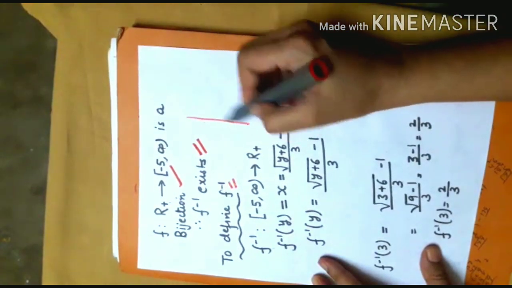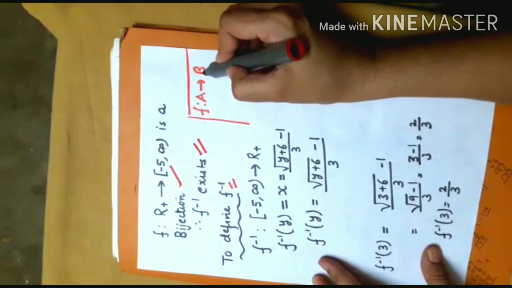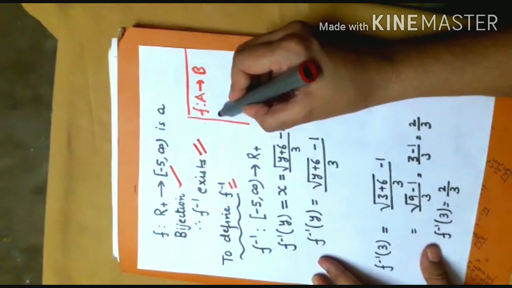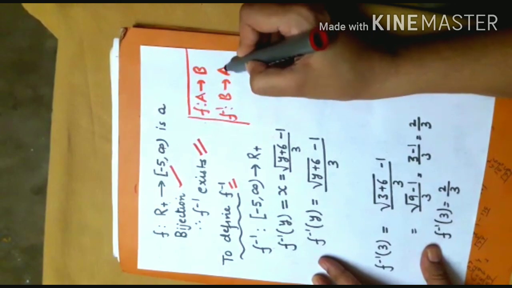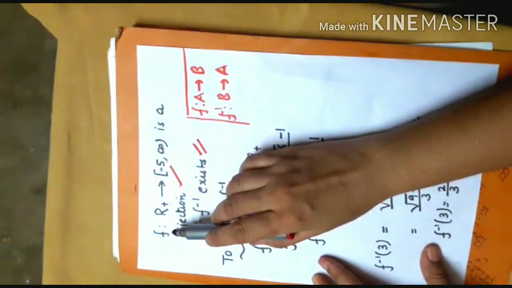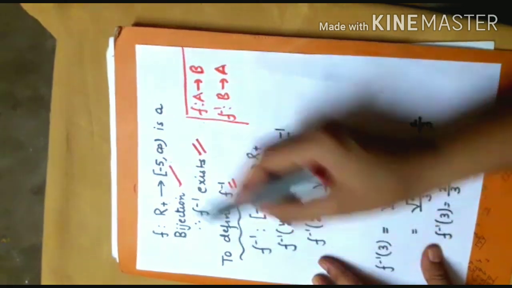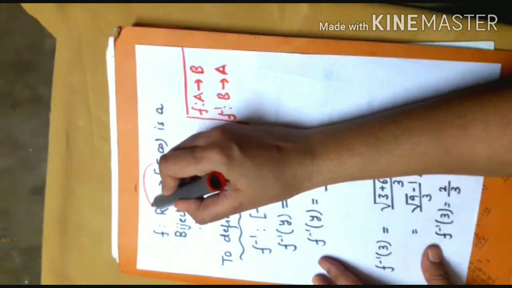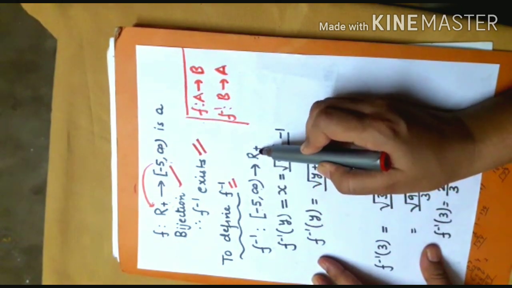Recall that when f is a function from A to B and f is invertible, then f inverse will be a function from B to A. So f is a function from this set to this. So f inverse will be from this to this. That is, minus 5 to infinity to R plus.